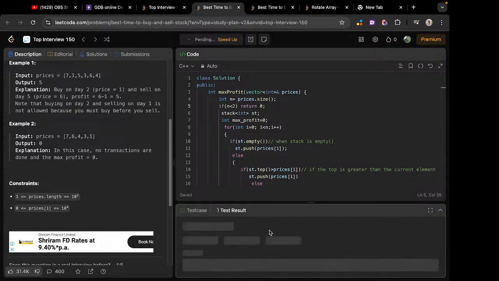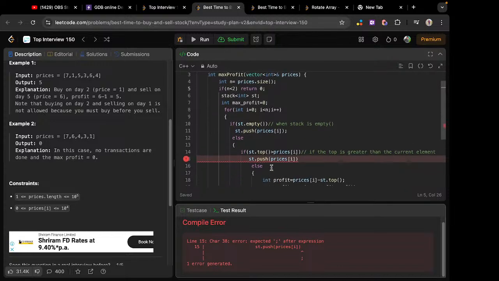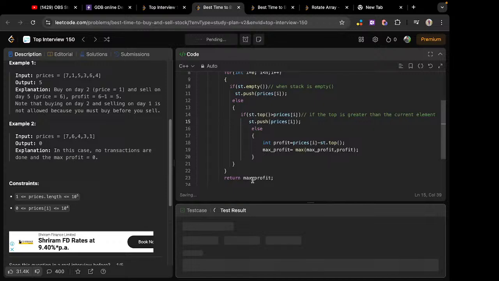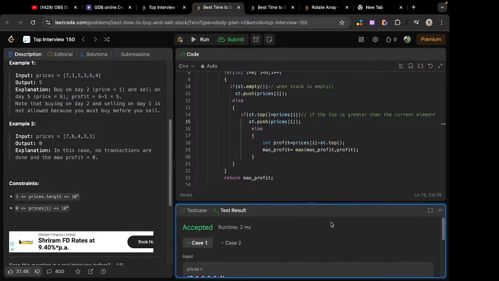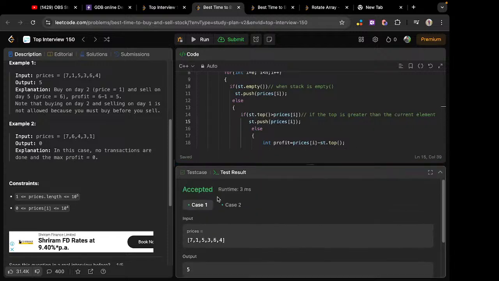Maybe definitely I can't solve it on the first try. Definitely there should be an error. Oh, I can solve the first and second cases. Definitely it will not handle all other edge cases.